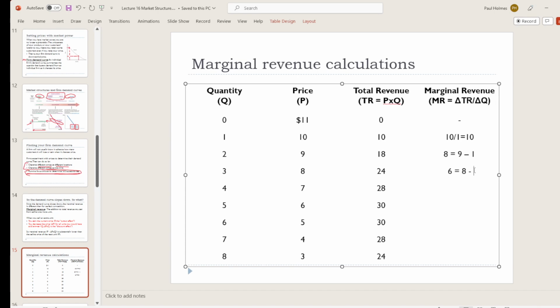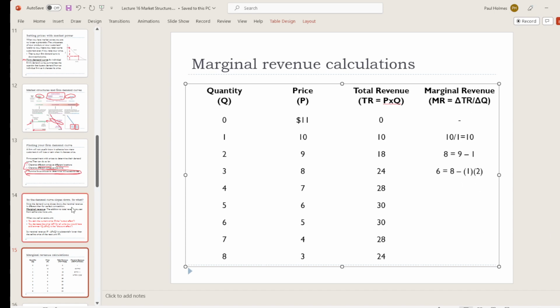So our quantity is 2, and our change in price is 1, so there we go, change in price times old quantity. There is our marginal revenue broken down into the output effect and the discount effect.